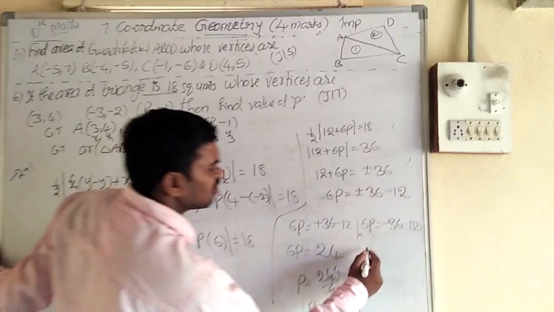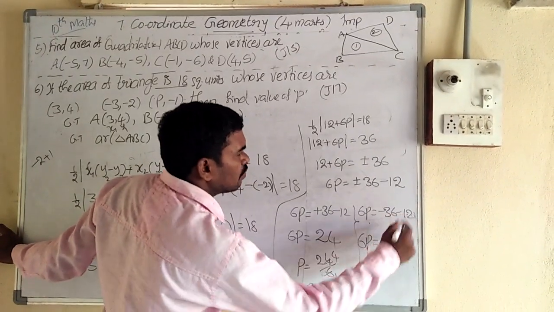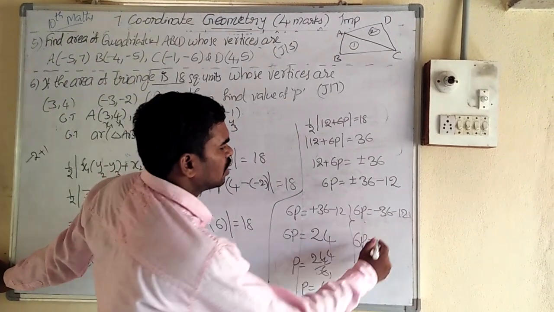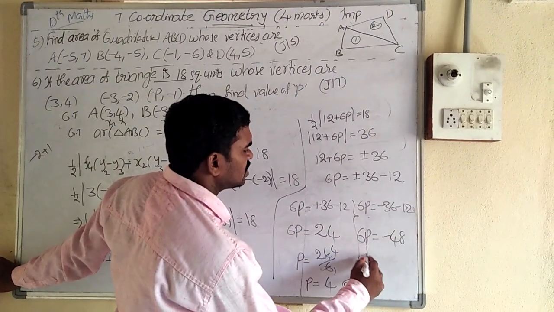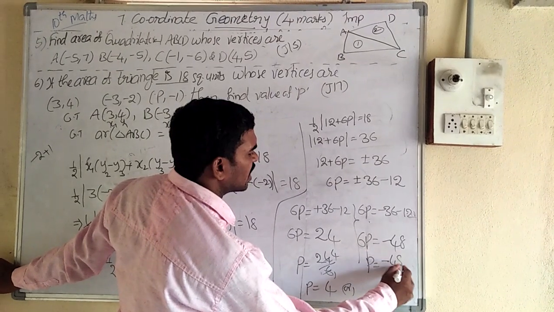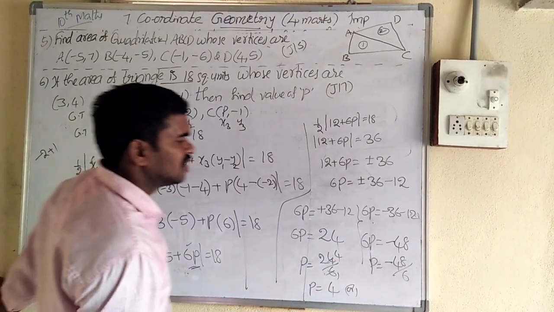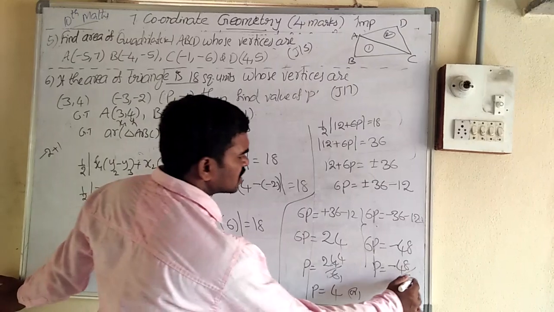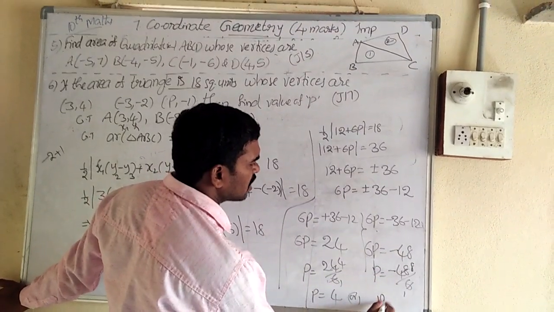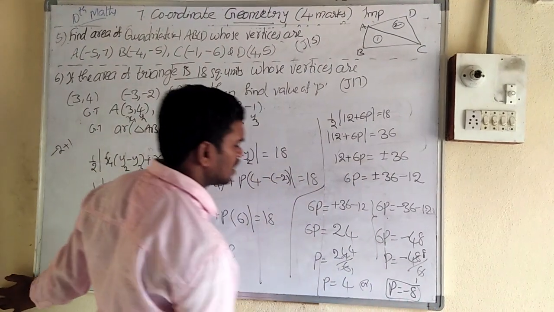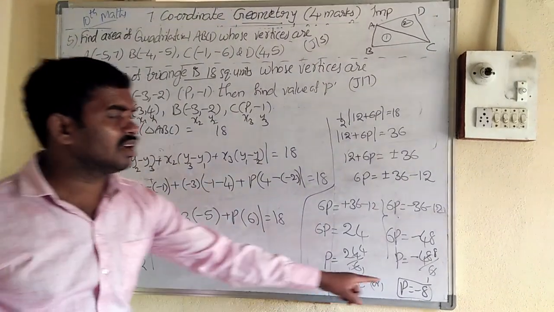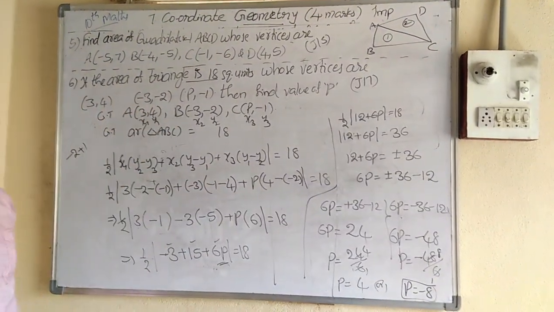Let's simplify this. 6p equal to minus 36 minus 12, how much? Minus 48. So p equal to minus 48 by 6. Cancel, 6 8s are 48. So p equal to minus 8 is the answer. So p equal to 4 or minus 8 is the solution for this question.